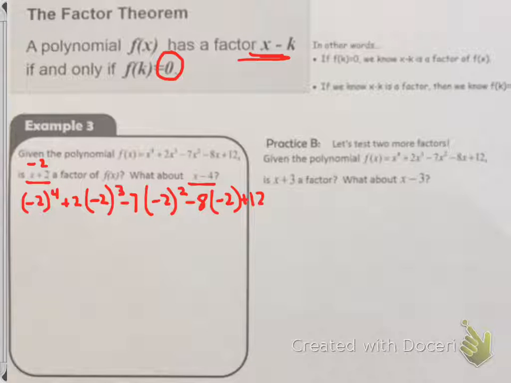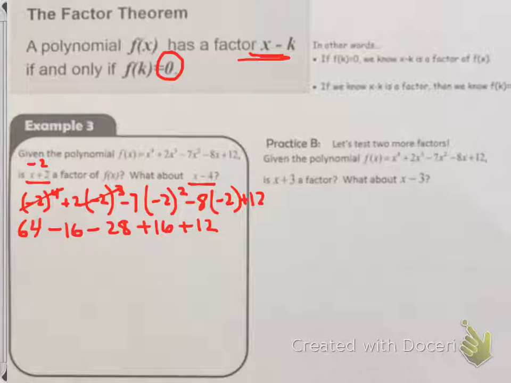I'm just going to simplify that. Negative 2 to the 4th power is a positive 64. Negative 2 cubed would be negative 8, and negative 8 times 2 would be a negative 16. Negative 2 squared would be positive 4. Positive 4 times a negative 7 would be a negative 28. Negative 8 times negative 2 is a positive 16. And then I'd have plus 12 from the back.